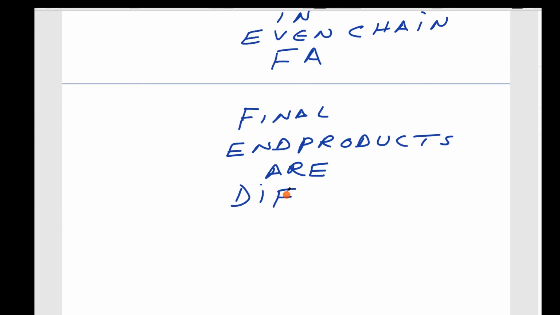At the end, when the oxidation finally takes place, the end products are different.